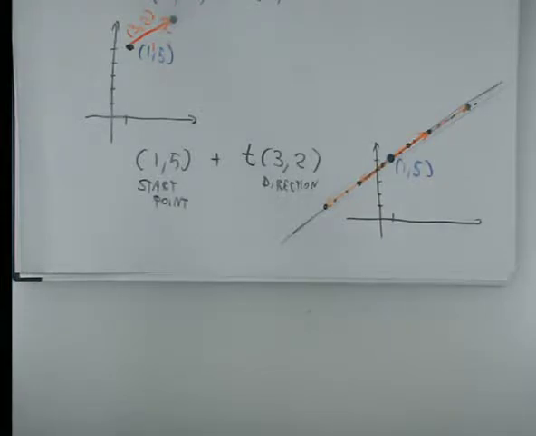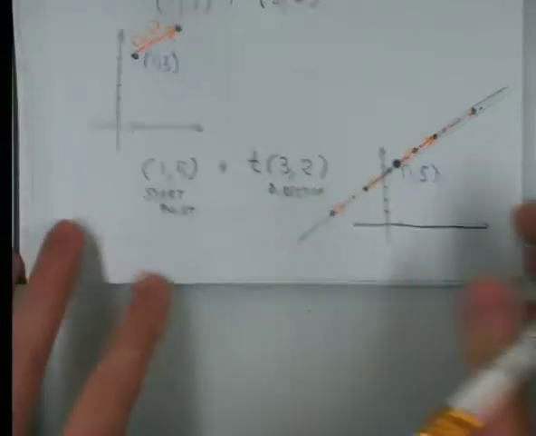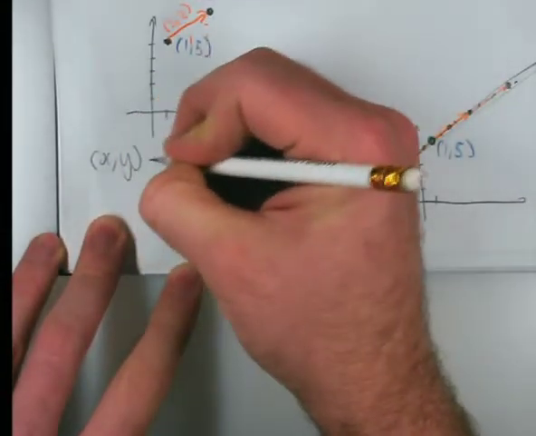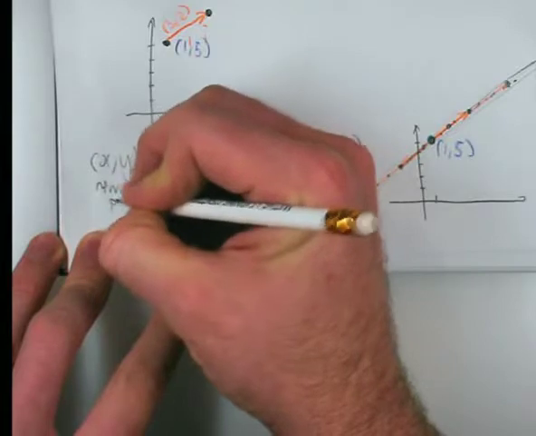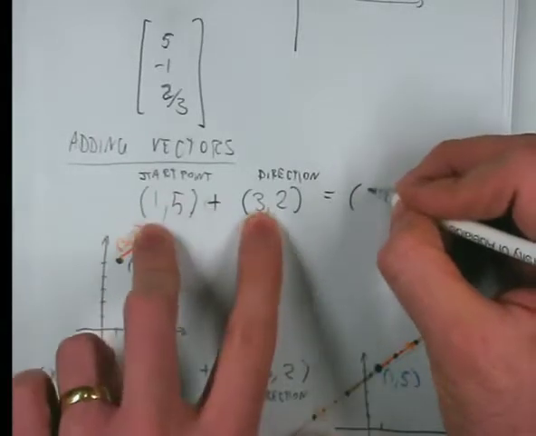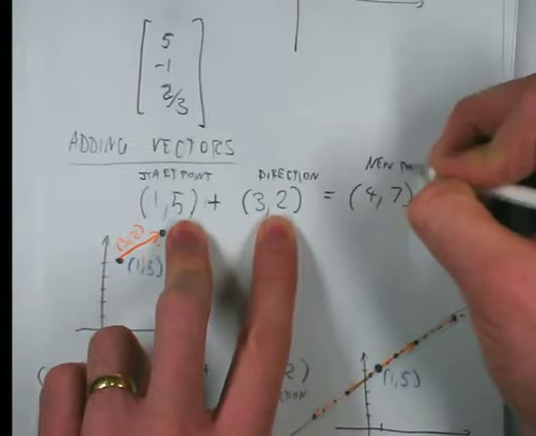And the result of this, for each value of t, is a new point. So it's usually like x, y, and this is my new point. Up here, this new point was 4, 7, and that's my new point.